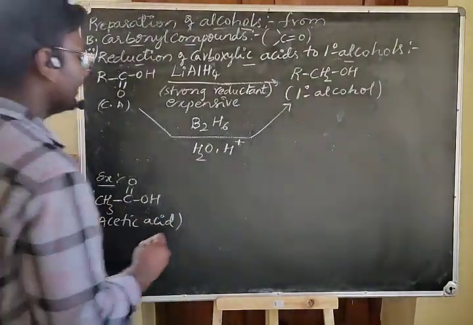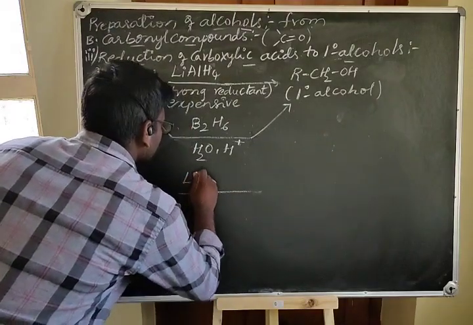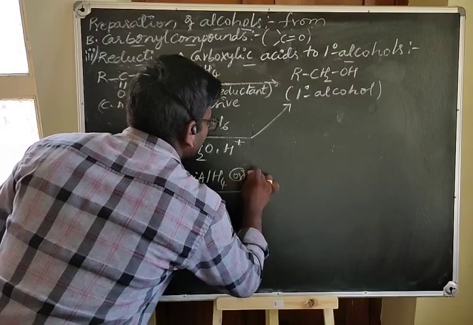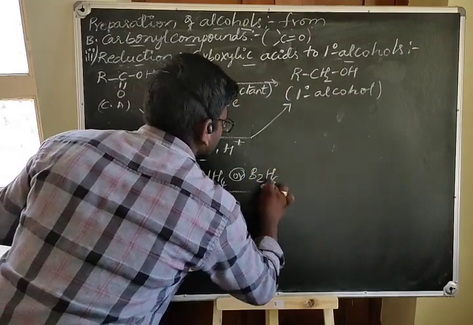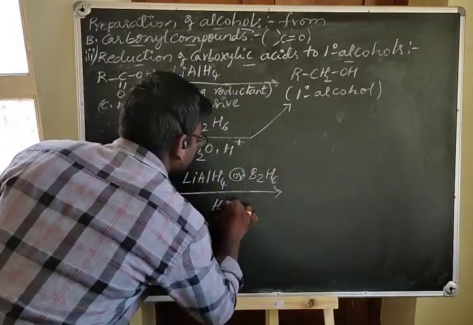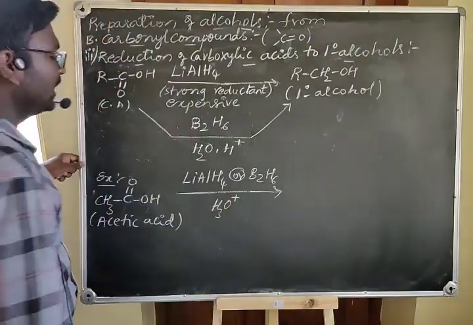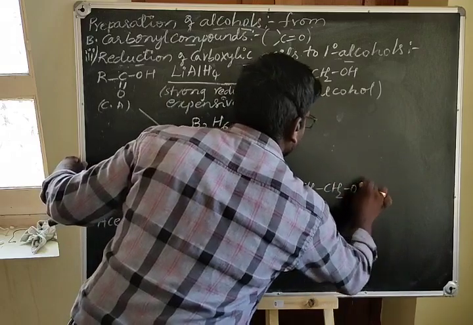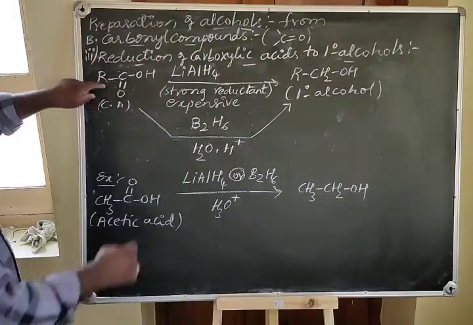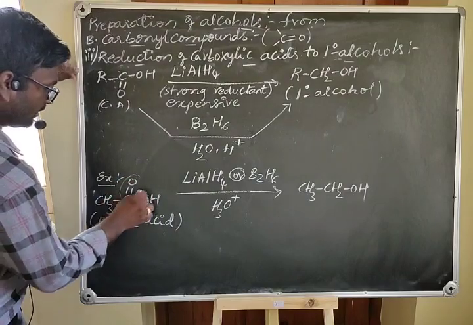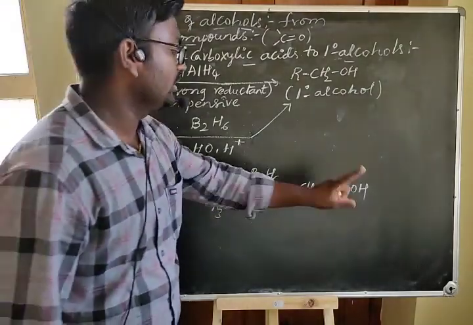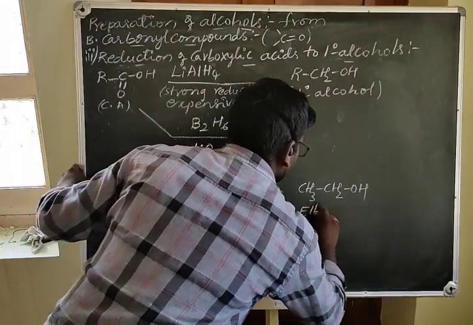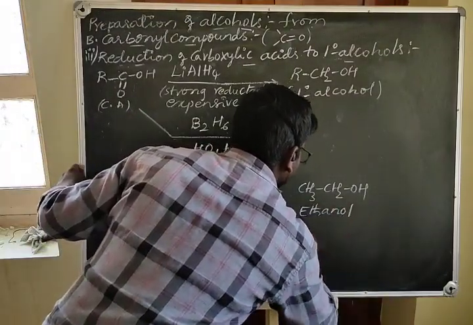When you add lithium aluminum hydride, or diborane B2H6 followed by hydrolysis, you will get CH3CH2OH. See, this carbonyl carbon will be reduced to the alcohol. This is called ethanol and it is a primary alcohol.